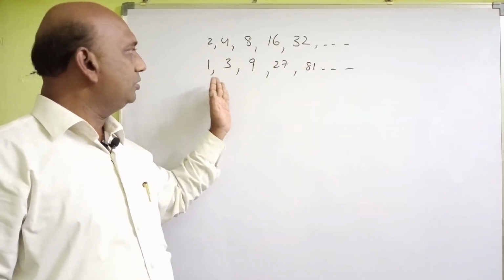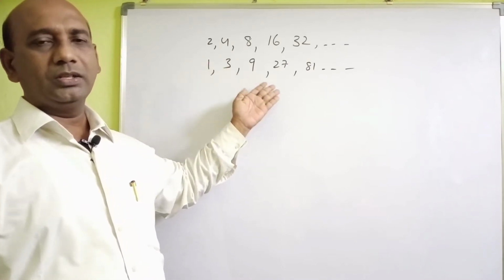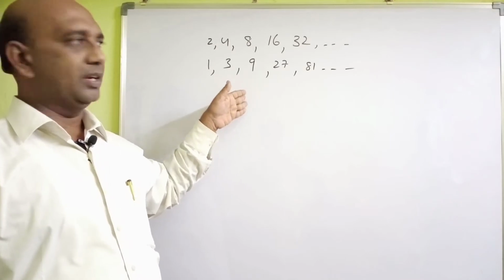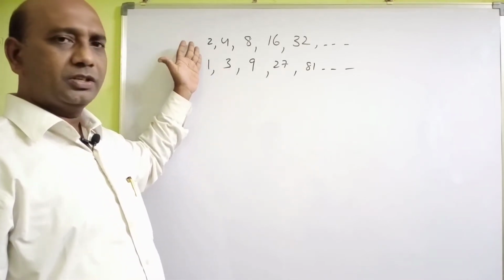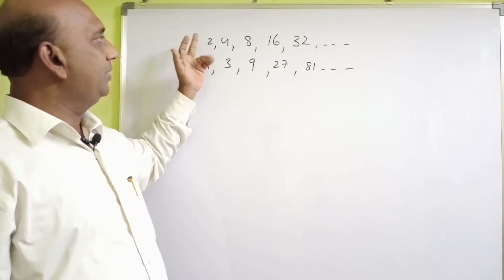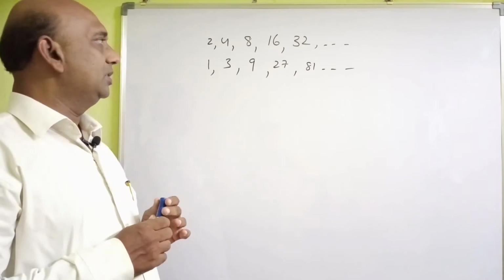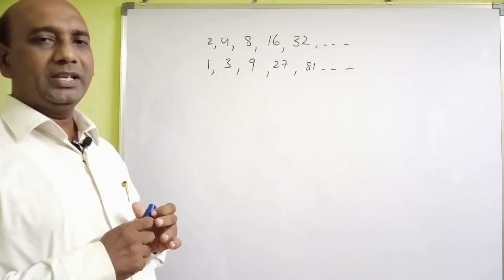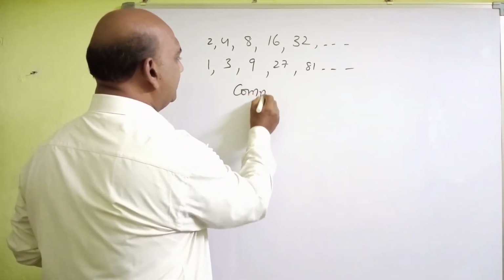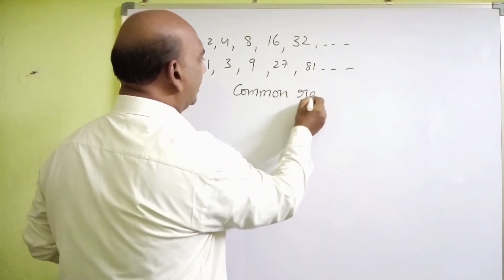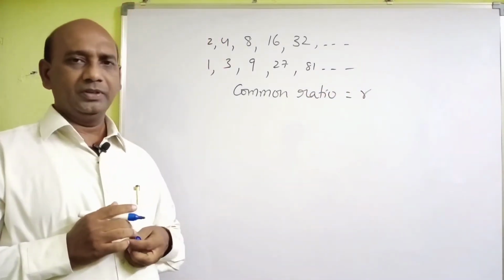So the constant term we multiplied to its previous term to get all the other terms is 3 in this progression. In the earlier progression, the constant term multiplied was 2. The constant term which is being multiplied is called the common ratio of the progression. Common ratio is denoted by r.